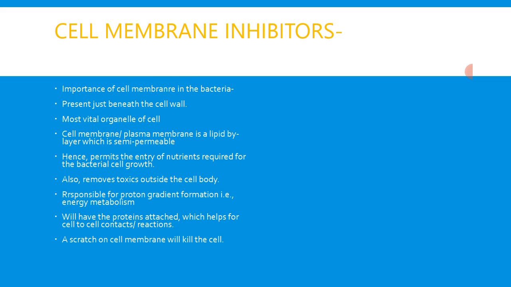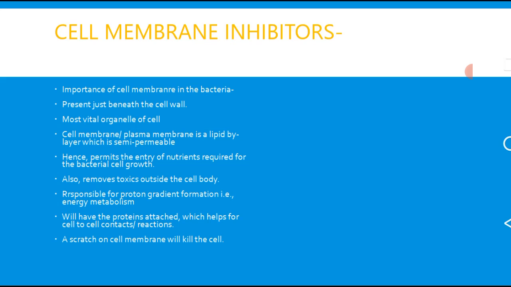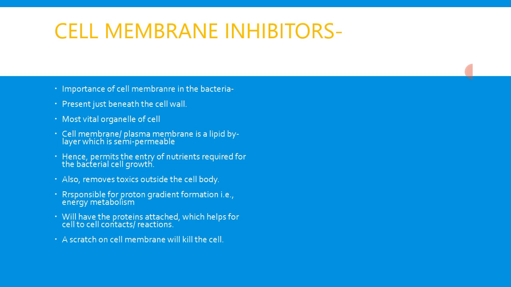It is the most vital organelle of the cell. Now the cell membrane or the plasma membrane is a lipid bilayer which is semi-permeable. Now focus on the word semi-permeable, which means it will allow nutrient transport inside and outside of the cell.